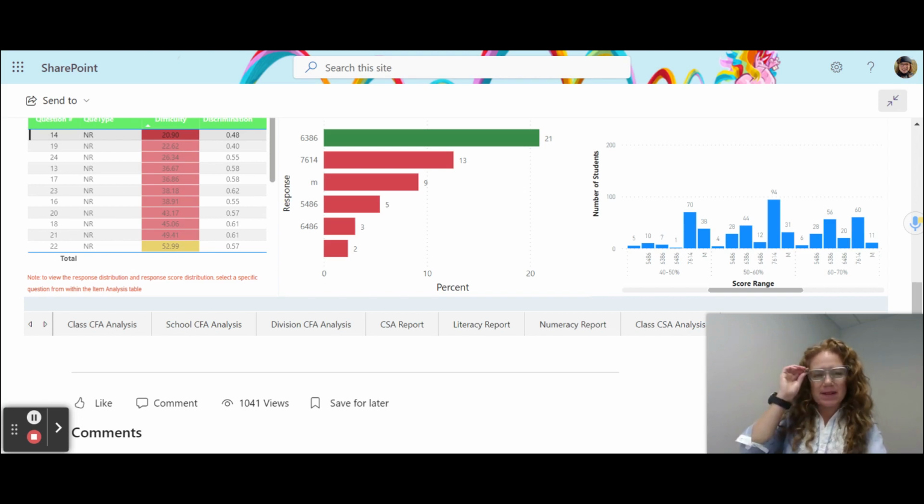I think you can see what happened there right away. That seems like a place value situation. 94 students had that very common error of 7,614, and 31 students had missing. So it just breaks it down a little bit further. In our next video, we're going to look at how to really use this bottom section of data to analyze part A of the MAST.